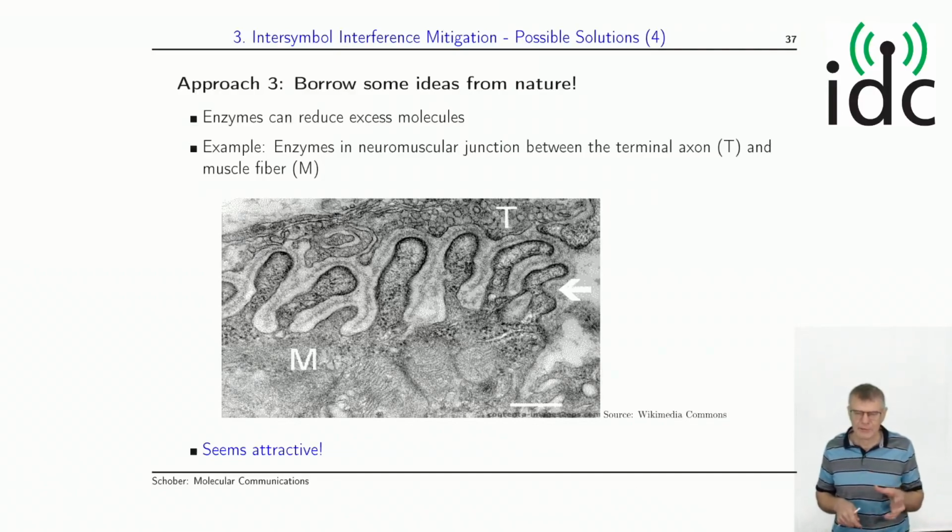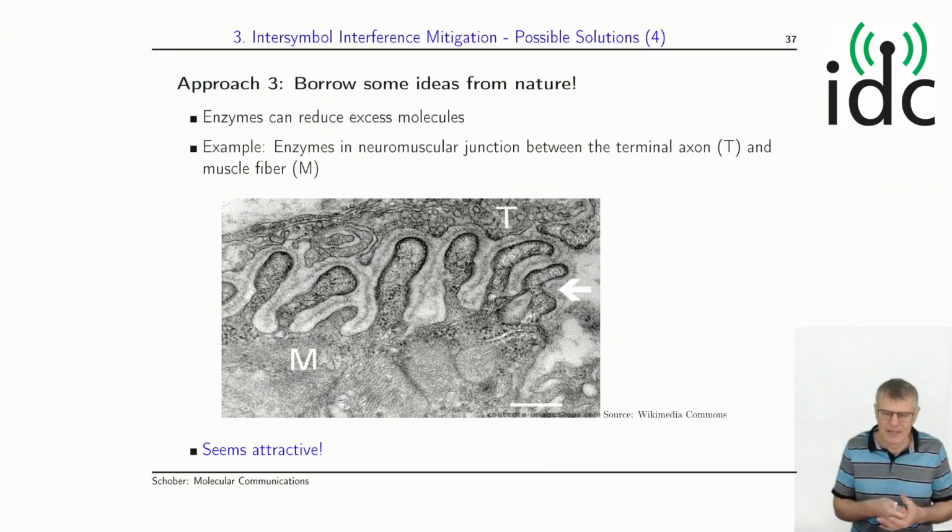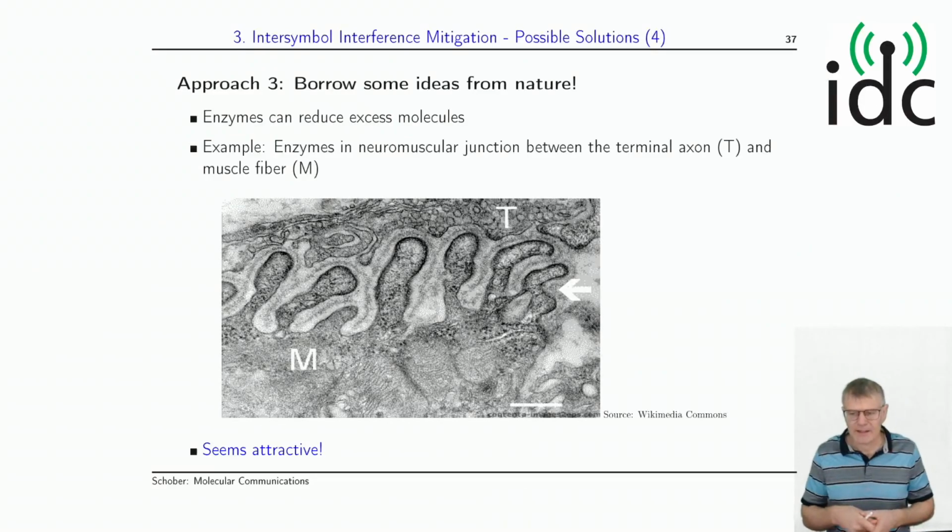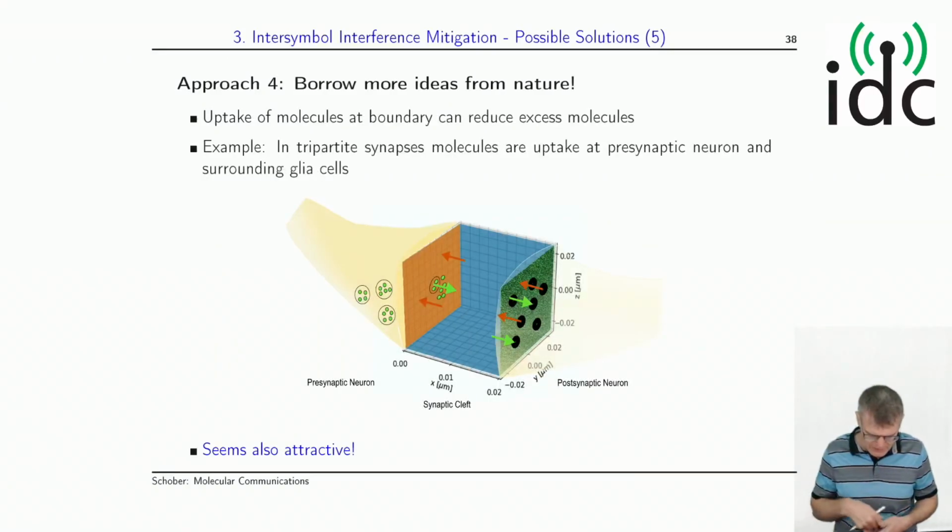And there we said that for the muscle cell to relax again, the neuron will also release enzymes that degrade the neurotransmitters that are still in the environment. This allows the muscle cell to relax and then to send another pulse at a later point in time, right? So this would be one way of dealing with intersymbol interference in a molecular communication context.